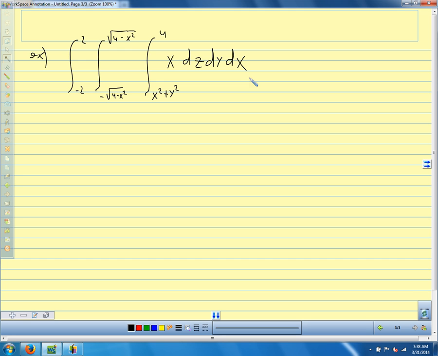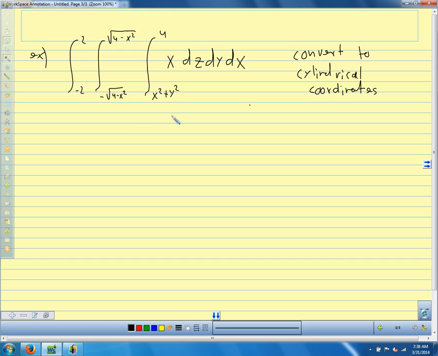So there's our triple integral in rectangular coordinates. We want to convert this to cylindrical coordinates. What I recommend that you do is use the limits on your integrals to sketch your region, and then work on converting that to cylindrical coordinates.